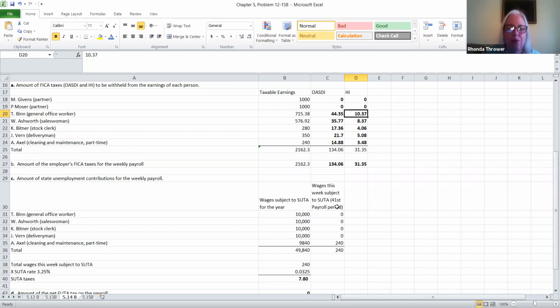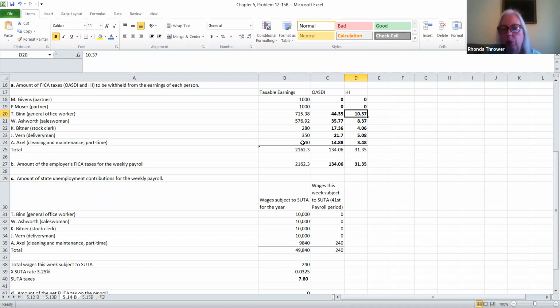So by the 41st pay period, if you were to multiply 715.38 times 41 pay periods, you'll go over this base. So therefore, there is no SUTA that is taken out on employees that you've paid more than $10,000 to, which amounts to all of the employees except Axel. Axel's total amount amounted to $98.40.